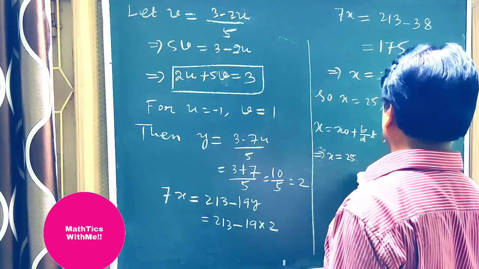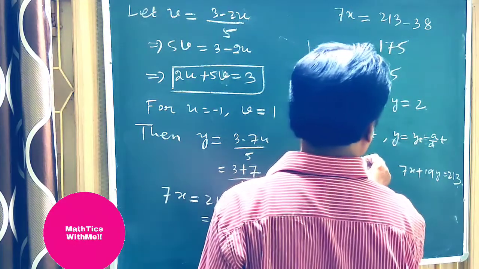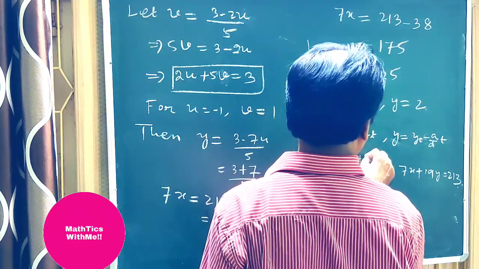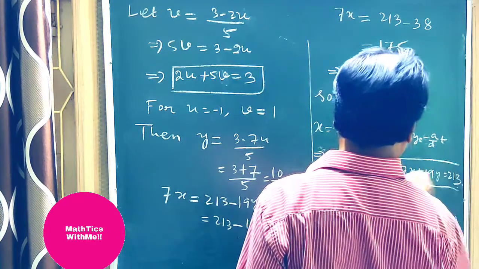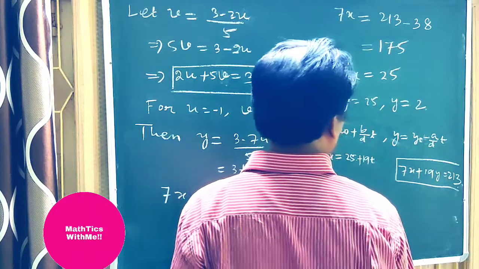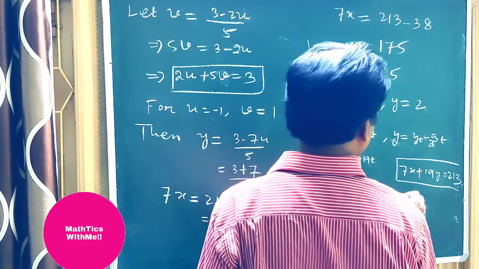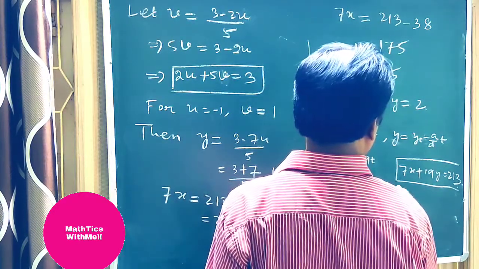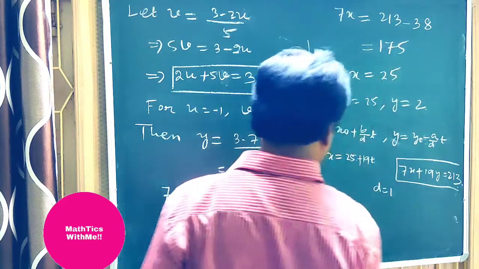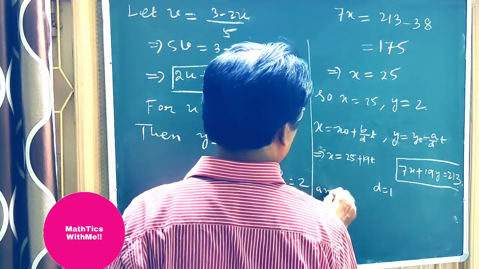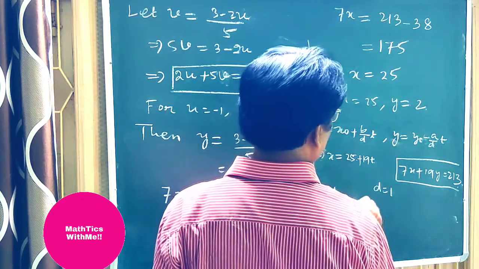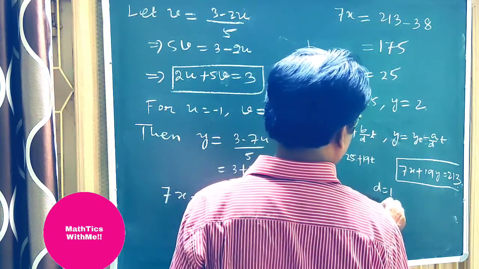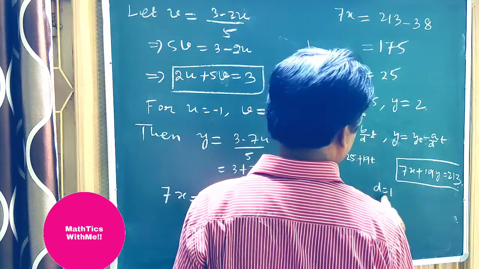That means here b is equal to 19 and d is equal to 1. So x is equal to 25 plus 19t, because d is equal to 1, and y is equal to y0, which means 2 minus 7t by d is 1.